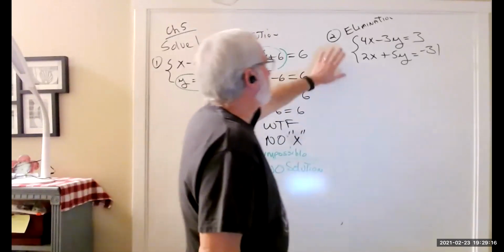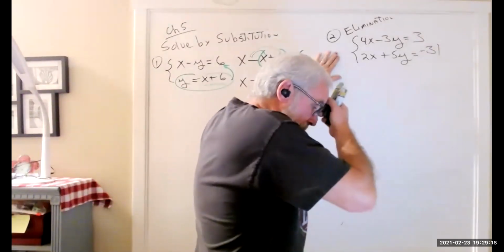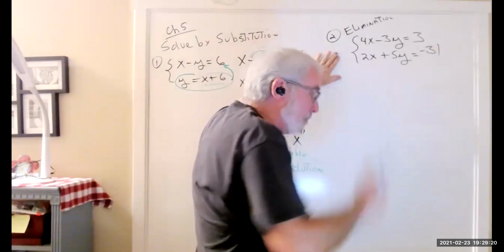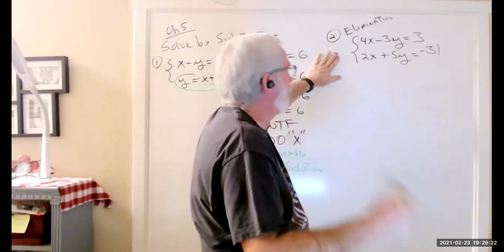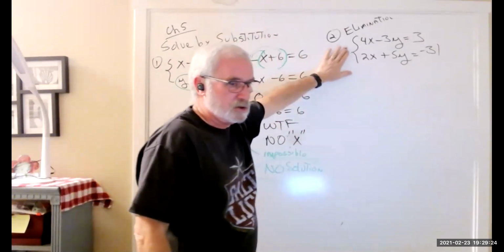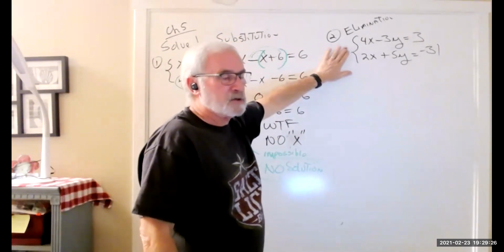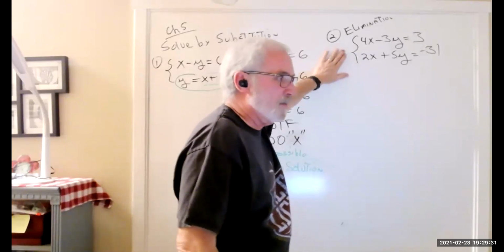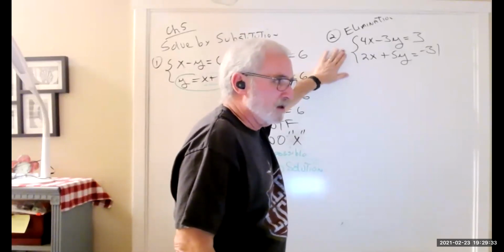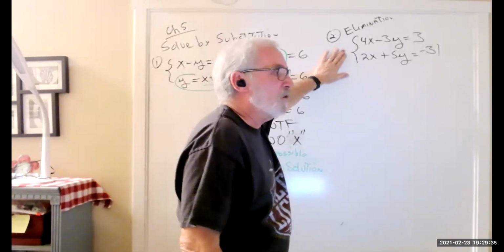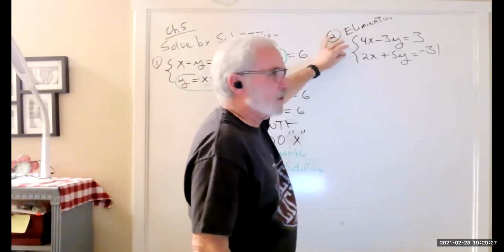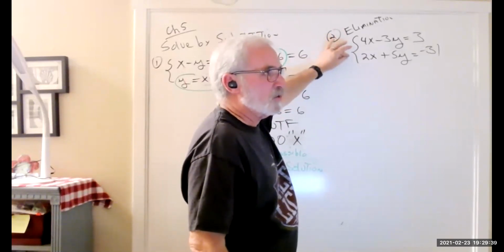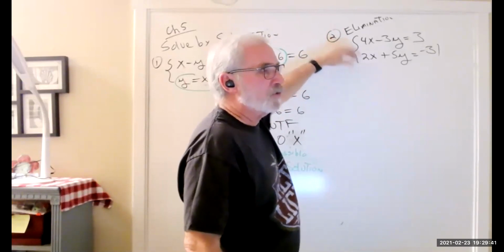All right. Number 2. The game was multiply one or both of the equations by some magic number. And you guys really fought me on the word magic number. The key was we want to add these two equations together so that one of the variables drops out.